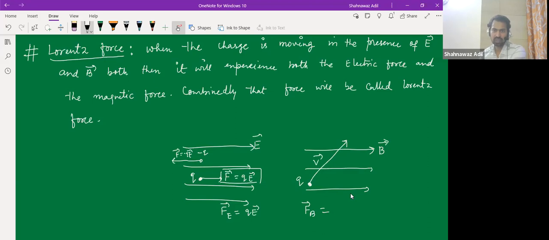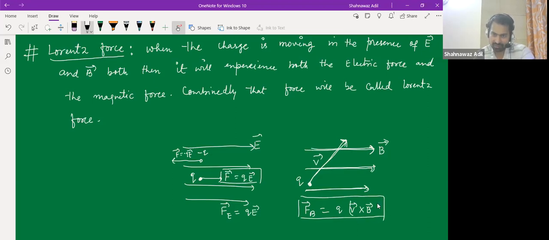You have the magnetic field in this direction, and the charge is traveling. So what would be the magnetic force? Yes, QV cross B. This is a cross product, a vector product. This is the magnetic force, Mariam. Already forgotten? This is what we calculated.